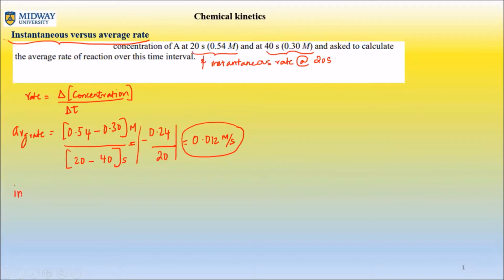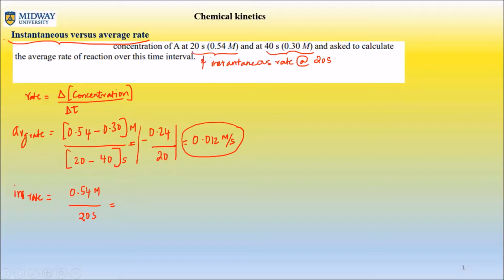We're going to do instantaneous rate as well, which is at 20 seconds. So rate is still molar over second, right? So you put at 20 seconds, the concentration is 0.54 molar over 20 seconds. So instantaneous rate is that particular time. Average is everything from start to finish, or any interval you choose to work with.